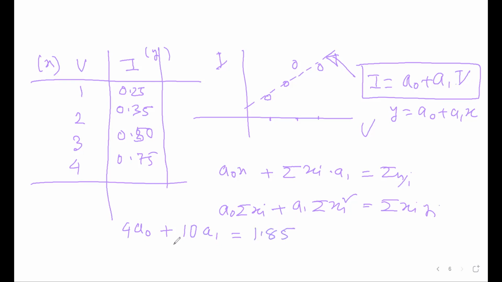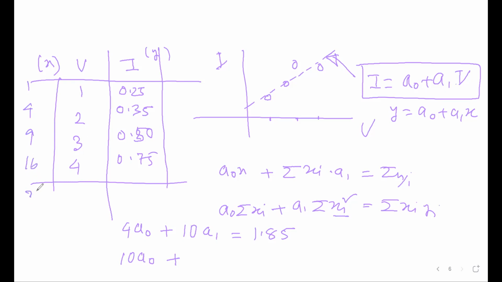So in your second equation, this is equal to 10 A0, because sum of Xi equals 10, plus, if we square our X and sum, what is it? 1, 4, 9, 16 equals 30.